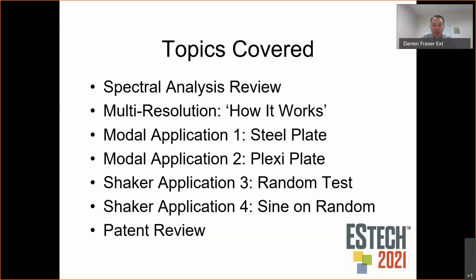The first being a steel plate, the second being a plexi plate, and both of those being modal applications. The remaining two will be a random test and then a sine-on-random test. For those two, I have a little bit more to add on that second sine-on-random example. In the end, I will go over our patent that we have on this technique, and I will close out from there.